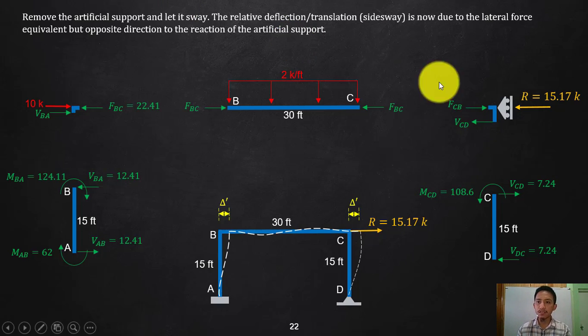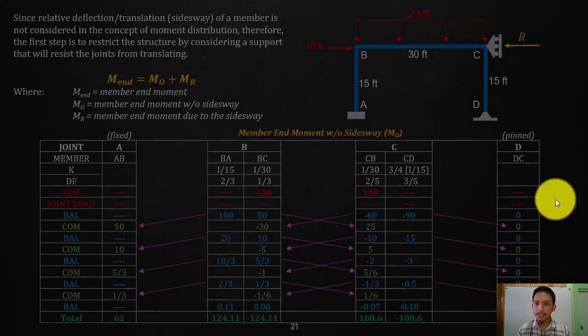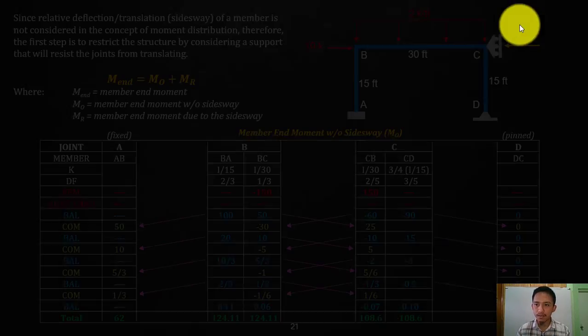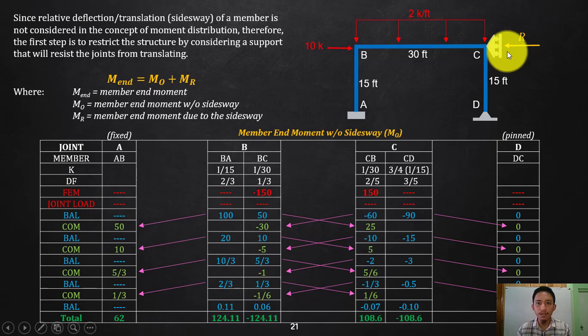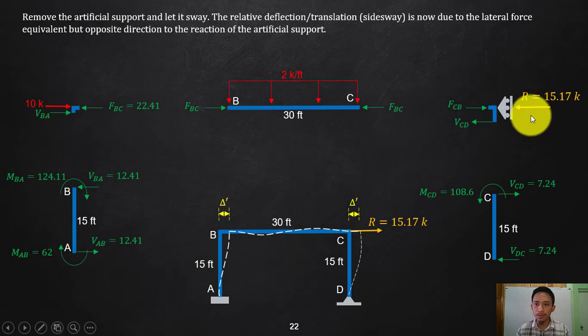Actually, the Sidesway is resisted because of that R, isn't it? The only thing that stops the Sidesway is your force R, or your reaction R. Therefore, to let the Sidesway happen, all I need to do is release that one and then apply your R in the opposite direction, so that it will sway in the same direction as we had before.